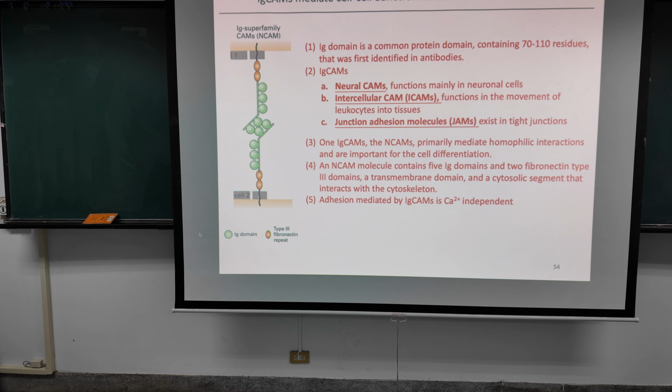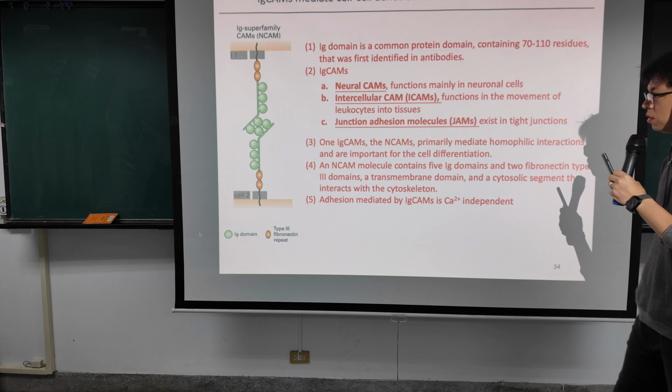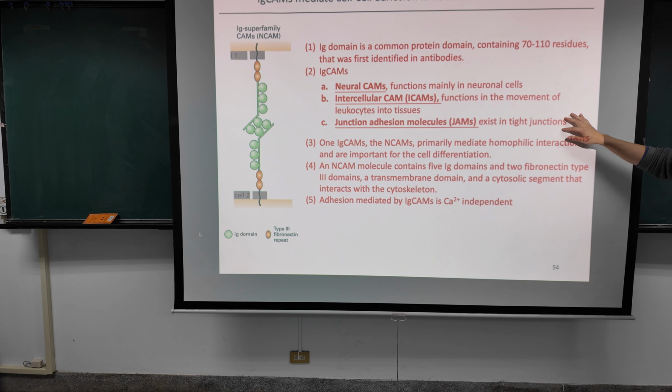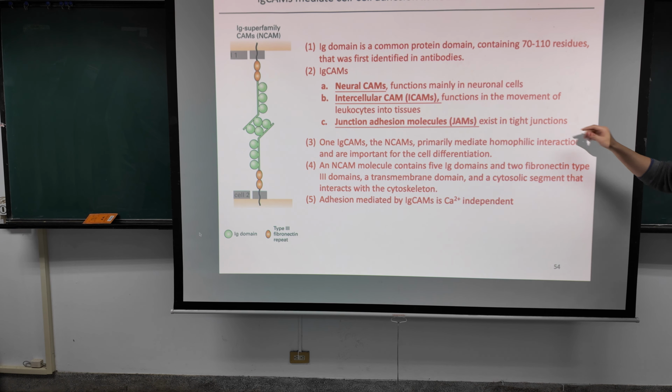That is why we usually call them IgG, IgH, IgM for our antibodies, right? The Ig domain is also found in different CAMs, depending on where they are found or their function. In the nervous system there are neuronal CAMs, mainly in neuronal cells, or ICAM, which is involved in leukocytes moving into tissue, which we will introduce later. And junctional adhesion molecules exist in tight junctions, which is one of the CAMs we introduced in the tight junction section.